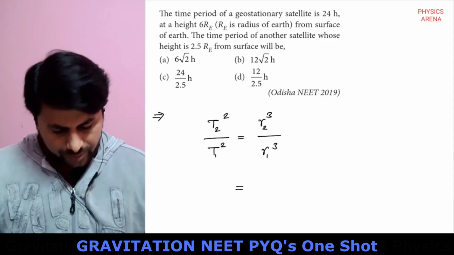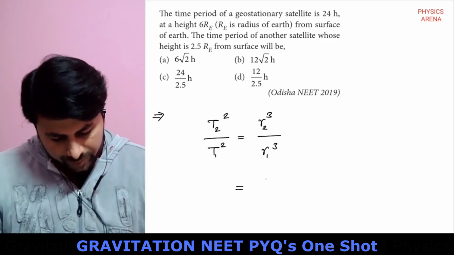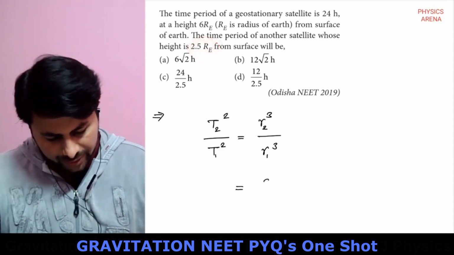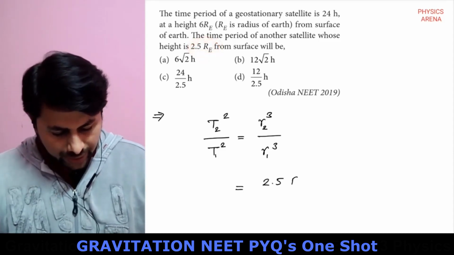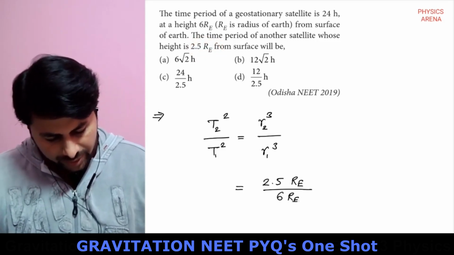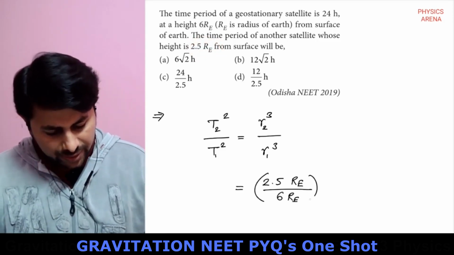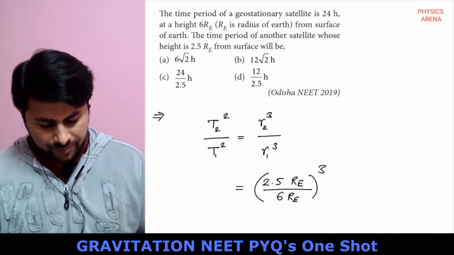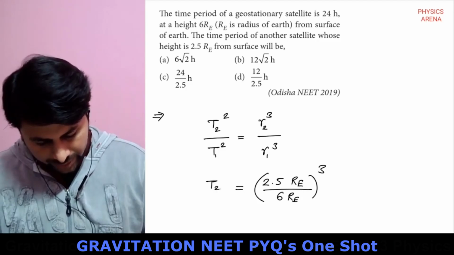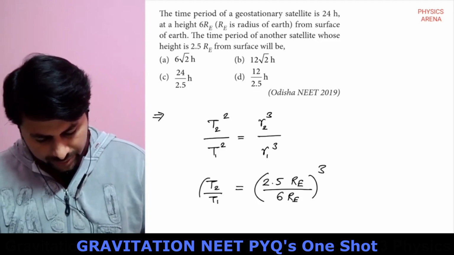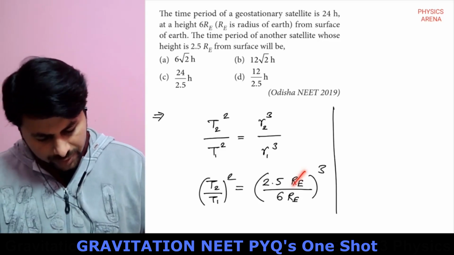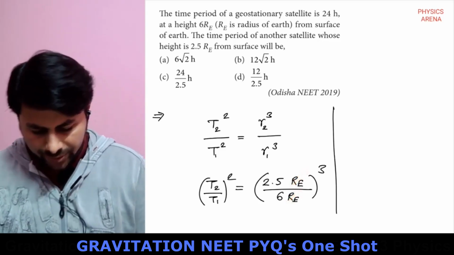Okay, so this is equal to what? R2 is 2.5 RE, we can substitute that, 2.5 RE upon 6 RE, R1 is 6 RE, and we have the cube of that. Okay, so this is T2 upon T1 square. Then RE and RE get cancelled out.